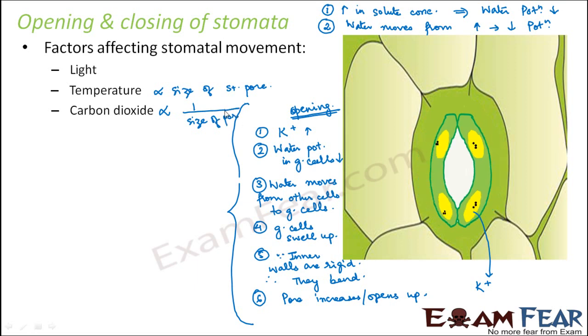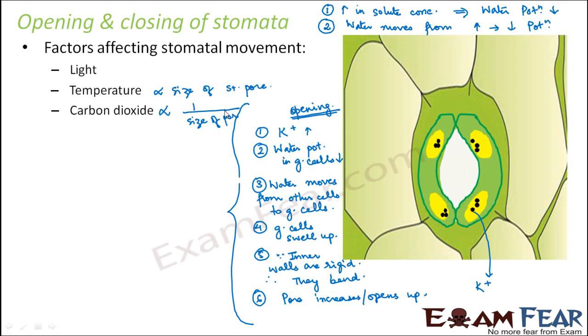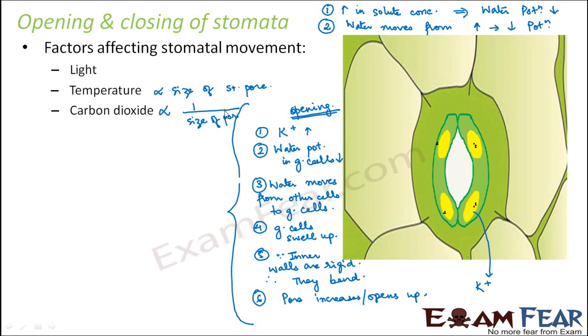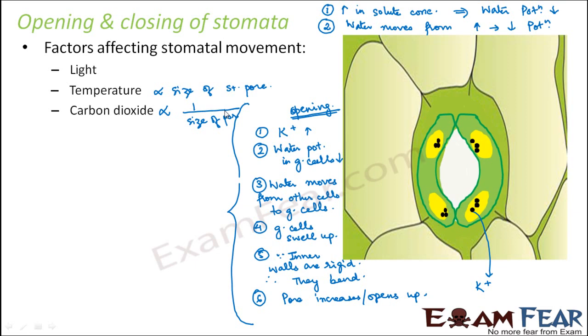That means as the concentration of carbon dioxide increases, the size of the stomatal pore decreases. That is, as carbon dioxide concentration increases, the stomatal pore gets closed. And as the concentration of carbon dioxide decreases, the stomatal pore opens up.